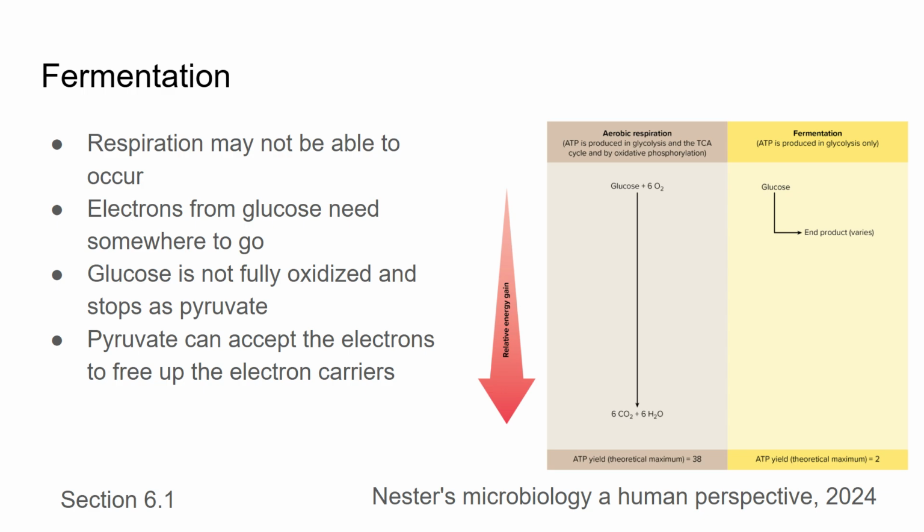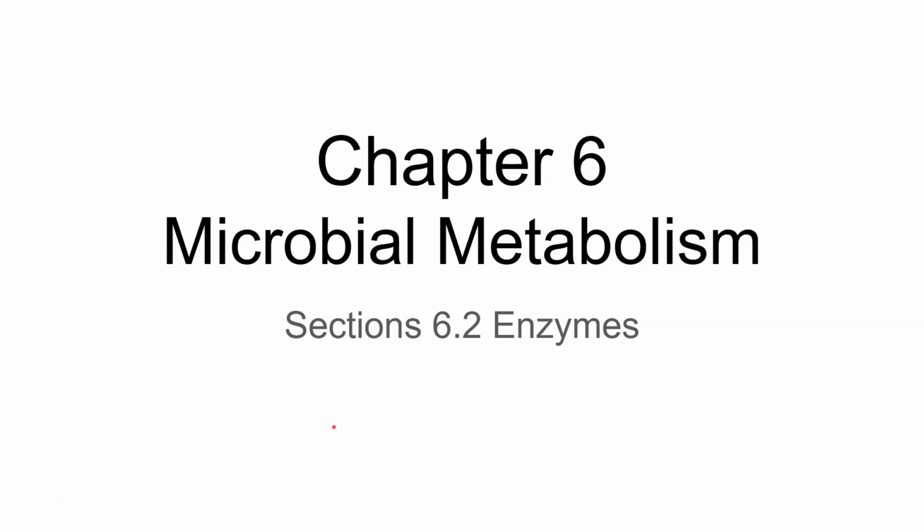So what we're going to do is use pyruvate, which is a slightly oxidized form of glucose, and turn that into an electron acceptor. And we'll talk more about fermentation later on. Just know that fermentation will only release a small amount of energy because it breaks off too quickly. And aerobic respiration will generate a lot more energy.